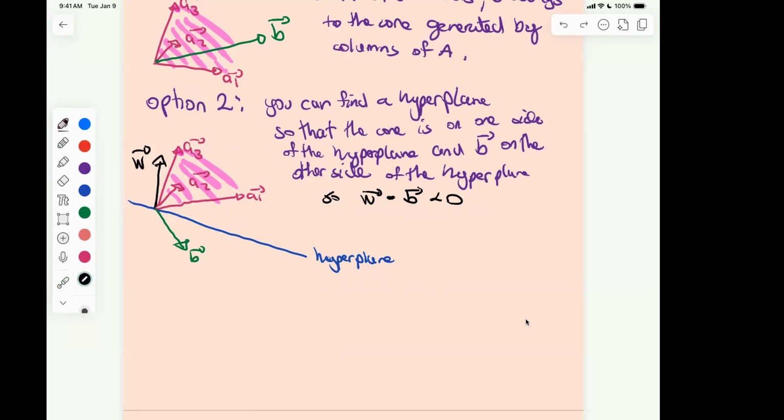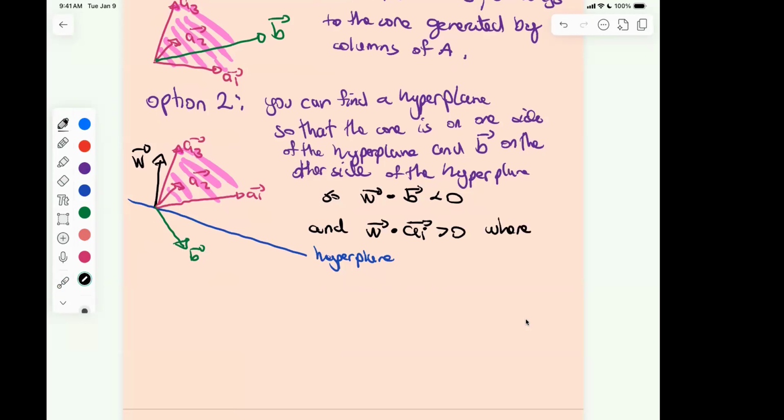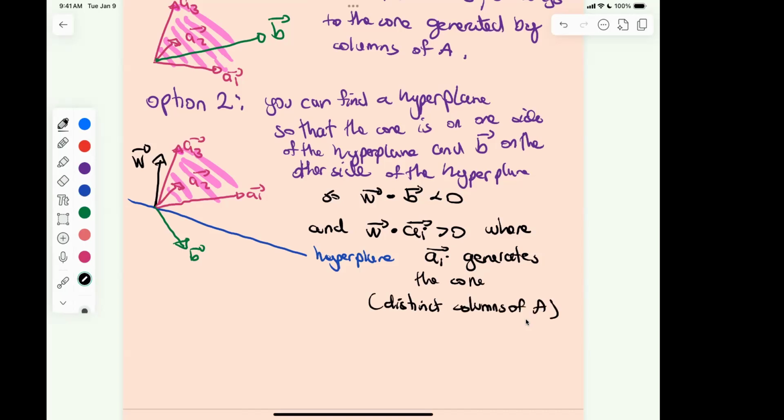One important thing is that W dot A_i is positive, where the A_i are the vectors that generate the cone. These are the distinct columns of the matrix, so for each column.